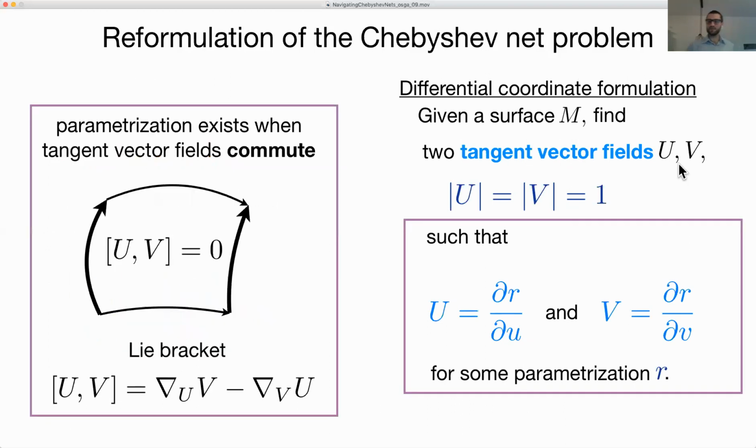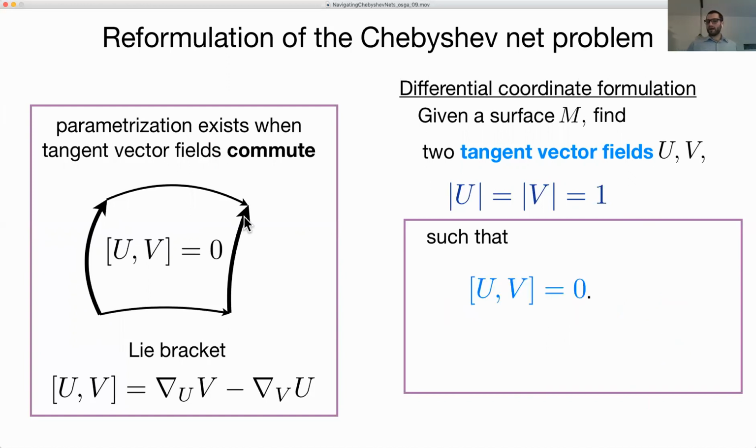So what does it mean to integrate into a parametrization? Well, it means that if I flow a little bit along the U tangent vector field and then V, that's the same as if I had gone the other way around. So two vector fields commute with each other. Going this way and then this way is the same as going the other way around. And this is encoded in the definition of the Lie bracket.